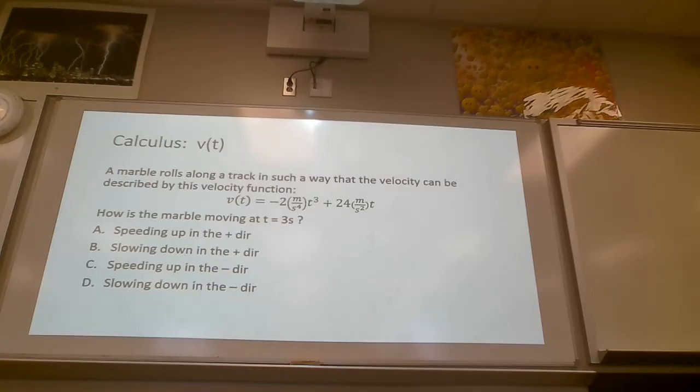Tell your neighbor. Correct answer is B. With that, you get a positive velocity.